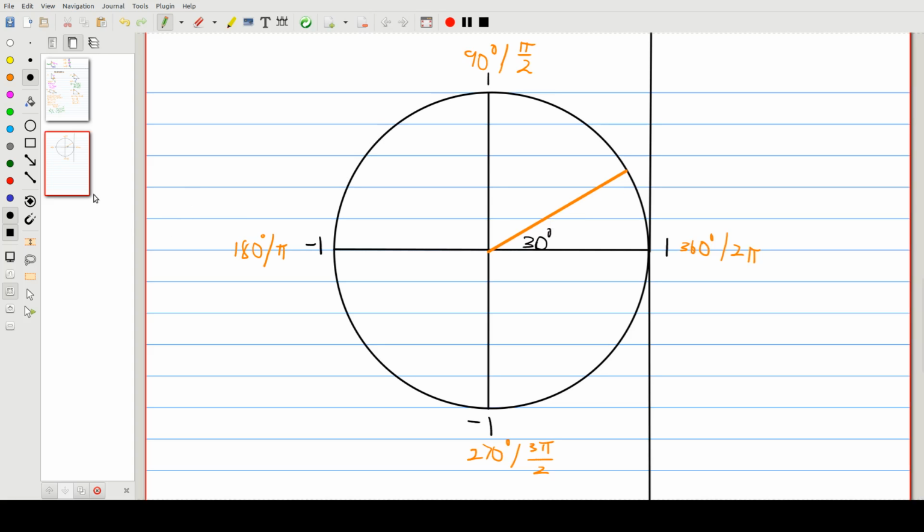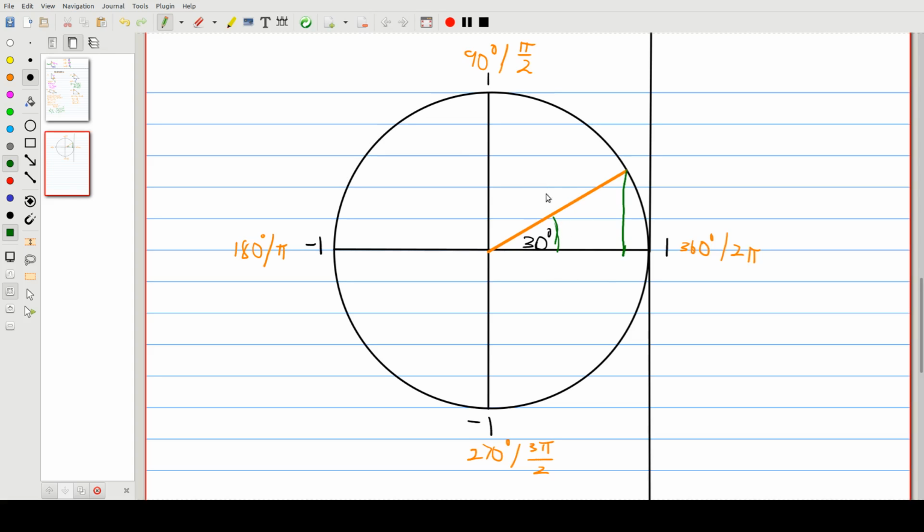Alright, so what we want to get to is the sine, cosine, and the tangent values of any angle. If we have this 30-degree angle here, and we draw a vertical line from here, so that's not really a proper vertical line, but bear with me. We know that cosine of 30 degrees will be our adjacent side divided by our hypotenuse, which is length 1.